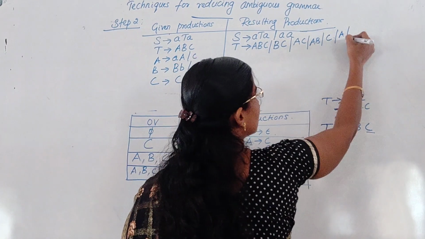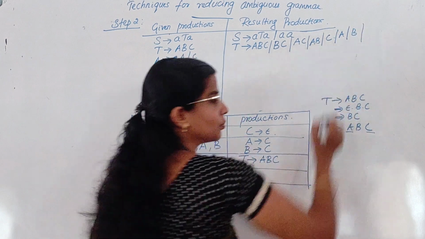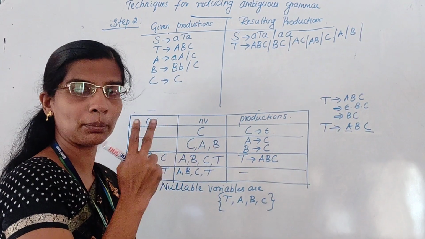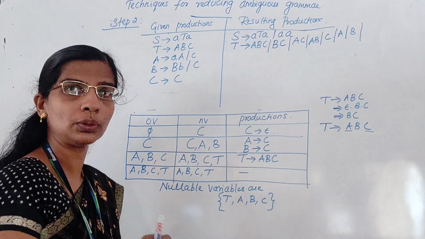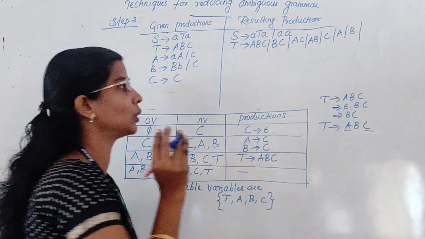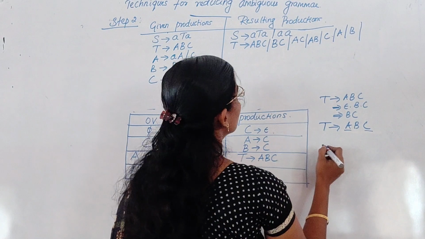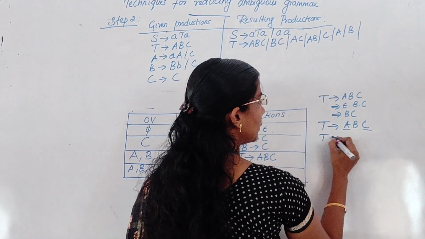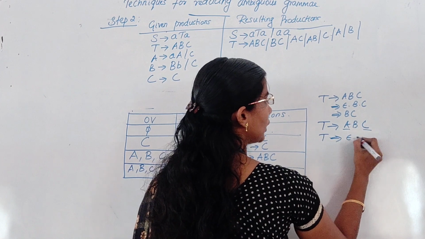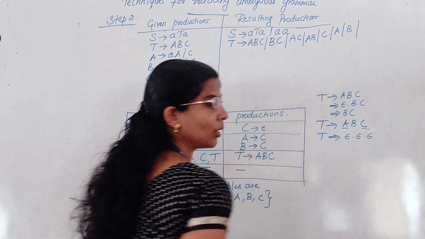What you will get? You will get B. Two variables I am substituting null. And then the third one, substitute null for all three together. So when you substitute null for all three variables, what you will get? You will get only epsilon.